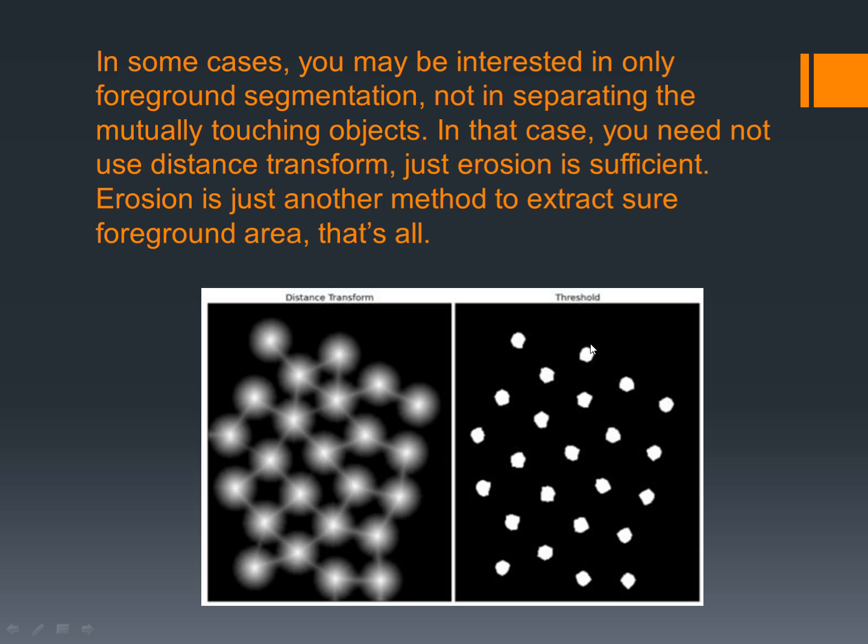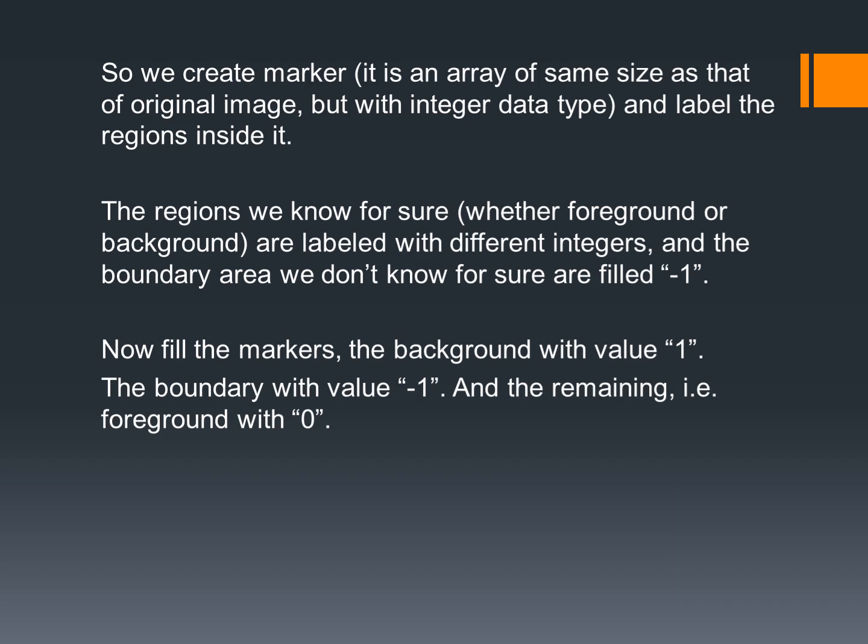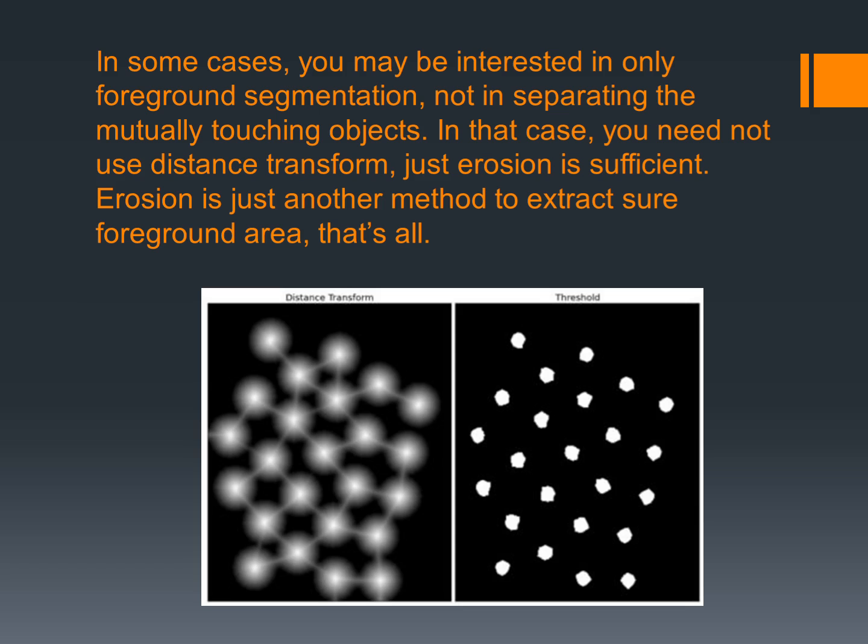We have found it out. What we are not sure of is the region surrounding them. We have the background and we have the foreground, but what about the boundary? This region we haven't found out yet.